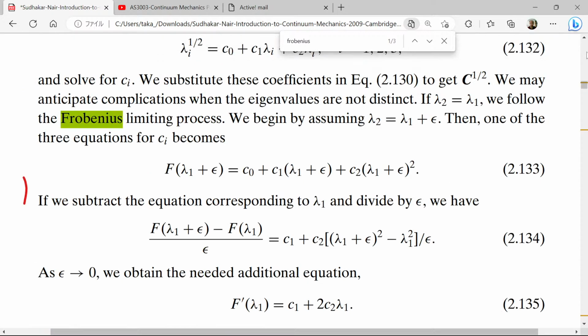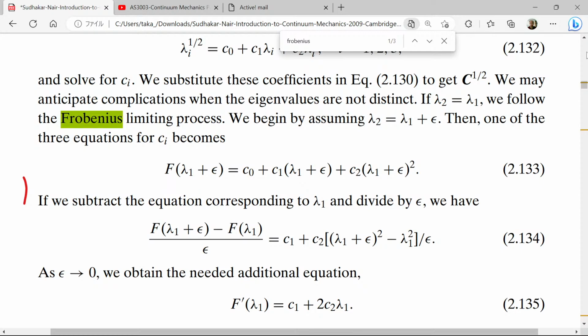We substitute these coefficients into equation 2.130 to get G to the 1/2. We may anticipate complications when the eigenvalues are not distinct. If lambda 2 equals lambda 1, we follow the Frobenius limiting process.